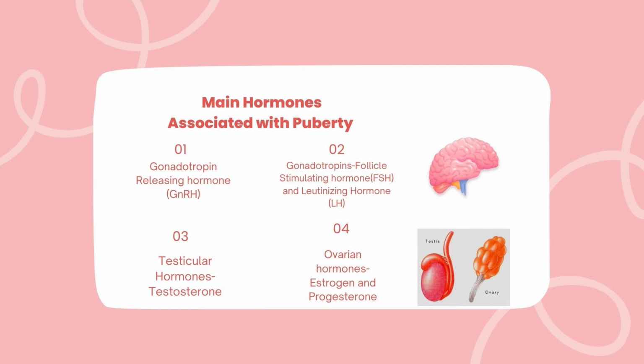At the onset of puberty, initially the hypothalamus produces the gonadotropin releasing hormone, which stimulates the pituitary gland to produce hormones known as gonadotropins. Gonadotropins are of two kinds, namely the follicle stimulating hormone and the luteinizing hormone. These hormones in turn stimulate the reproductive organs, which are the testes in males and ovaries in females.